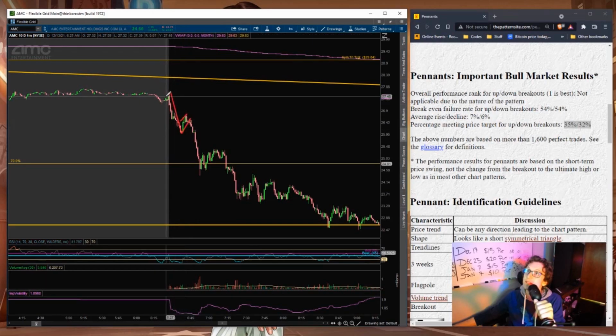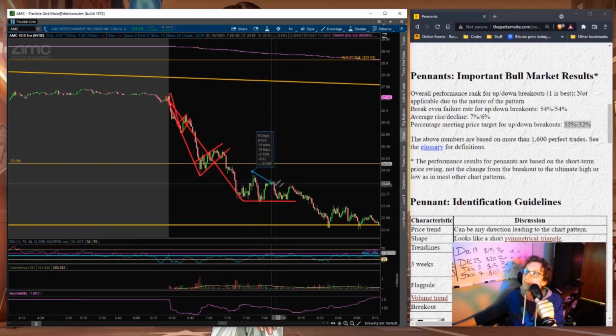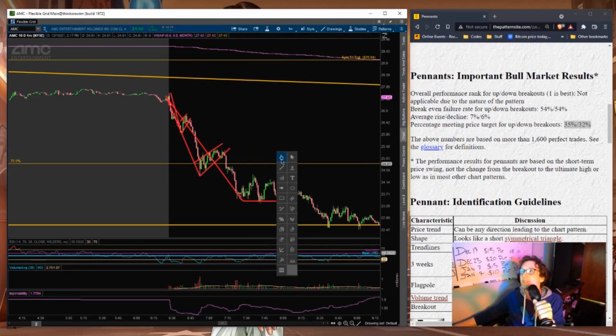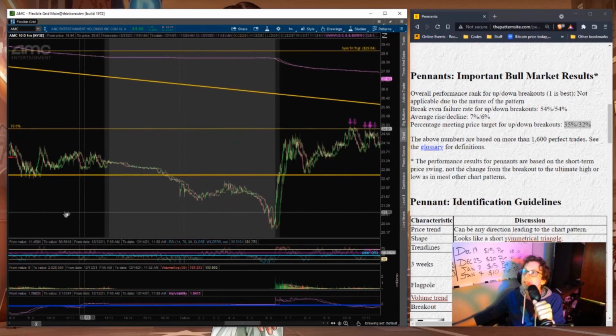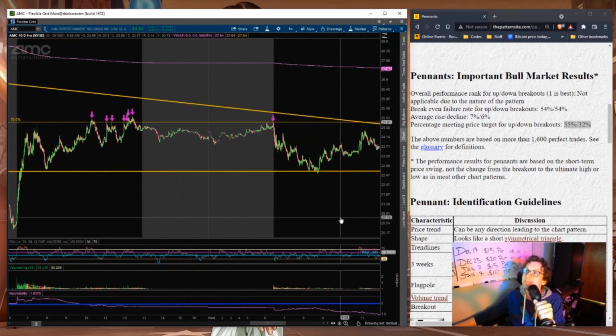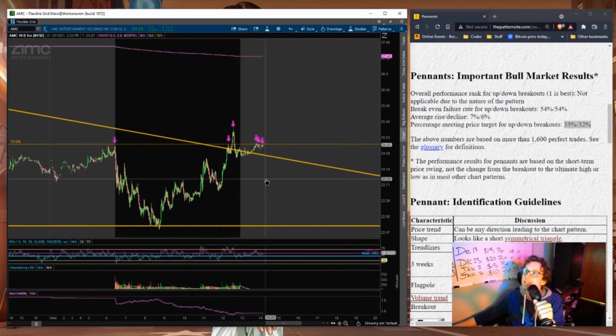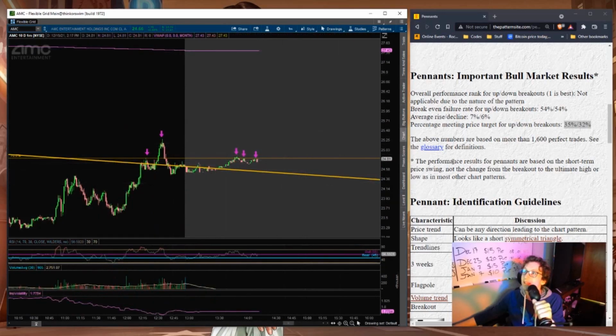Like there's a little one, right? Here's a bigger one. Here's a bigger one. Maybe this one's actually a triangle. But you get the idea. So that's where I get my confidence in the price moving down, is that sort of price movement.